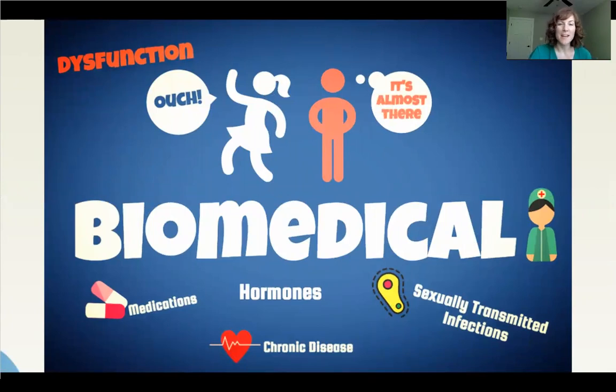And I put the female saying ouch because female sexual pain or dyspareunia is one of the more common concerns that older adult women have. And that's partially because, as we see in the biological side, hormones, right? So estrogen decreases greatly after menopause, and estrogen is what helps you lubricate for sex. So when you're aroused, you lubricate, and that doesn't happen as much or very little when you're older, postmenopausal. So that can cause a lot of sexual pain.